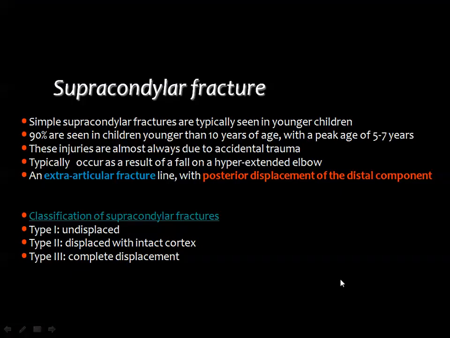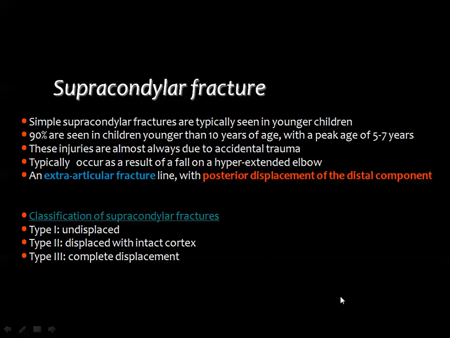Then we came to the supracondylar fractures, which are usually seen in children, and in most cases they are simple and extra-articular. The distal fracture fragment is usually displaced posteriorly, and 90% of these fractures are seen in children younger than 10 years, with the peak age between 5 and 7 years.